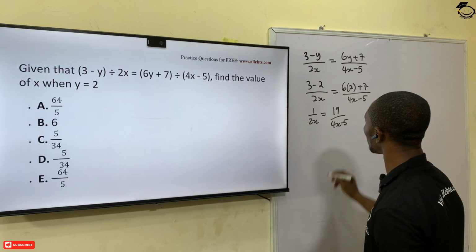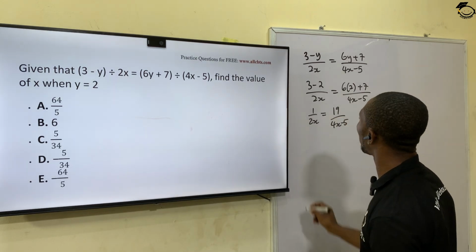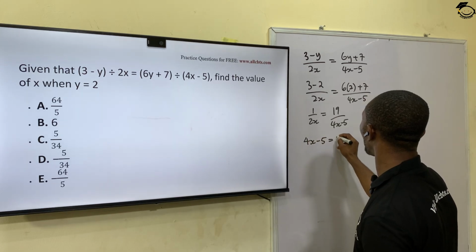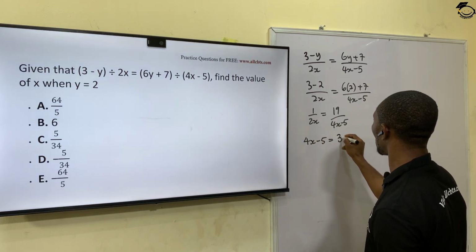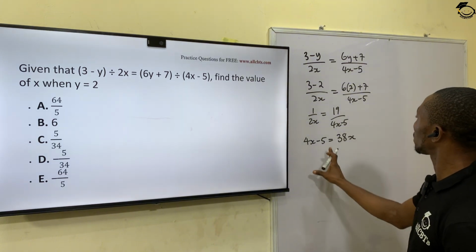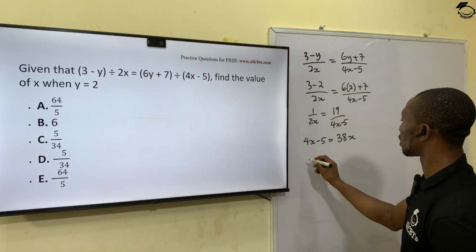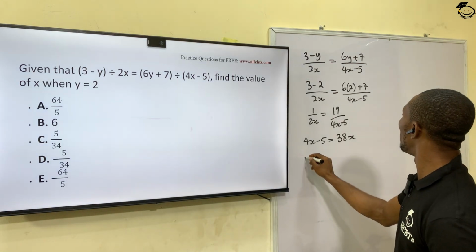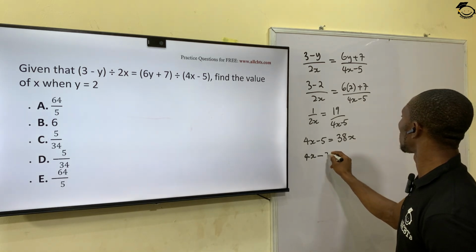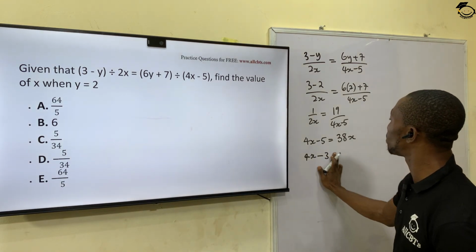Now cross multiplying, we have 4x minus 5 equals 19 times 2x, which is 38x. Now collecting our like terms, let's keep it positive.